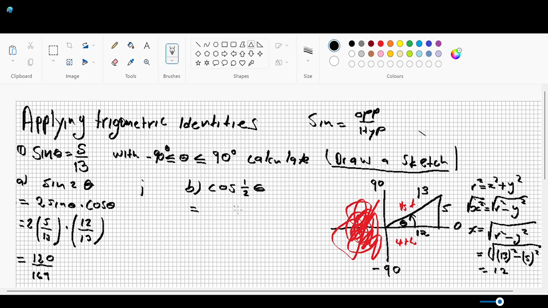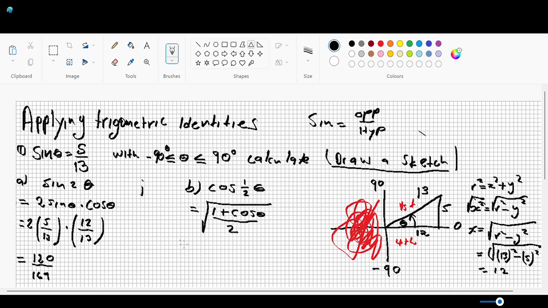I'm going to leave a video on top there on the icon for half angles when I derive them. But this one is going to give you a square root, so it's going to be square root of 1 plus cos theta divided by 2. Alright, so this is how you solve this one, guys.